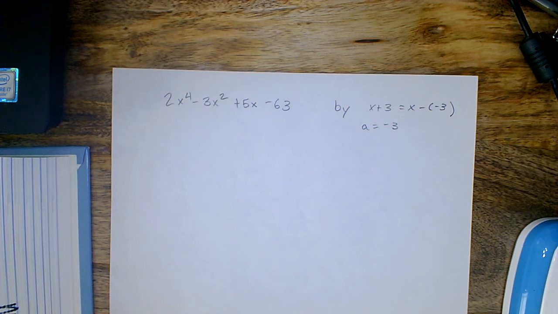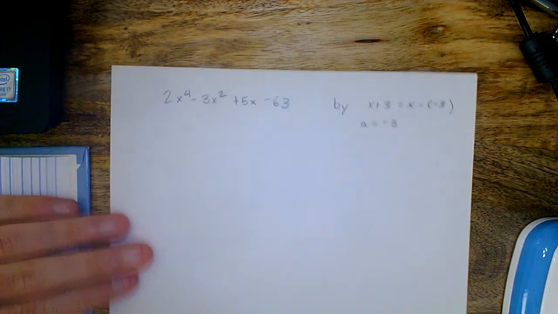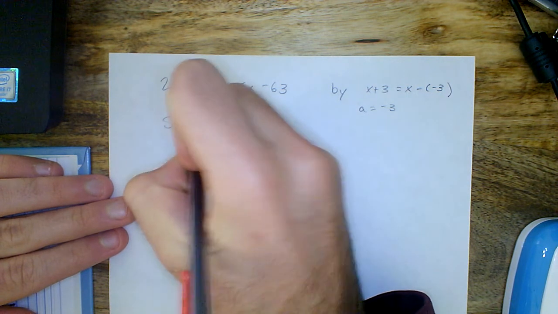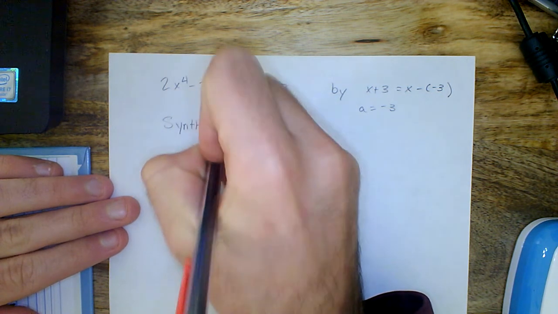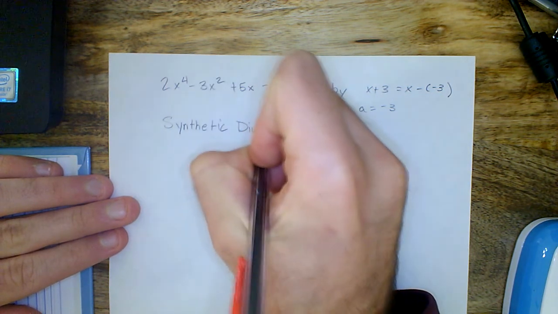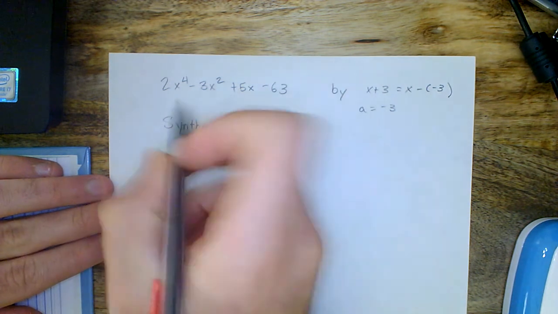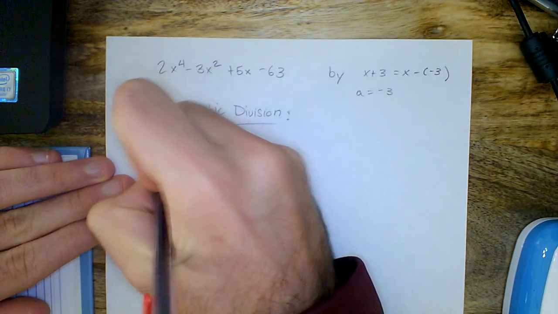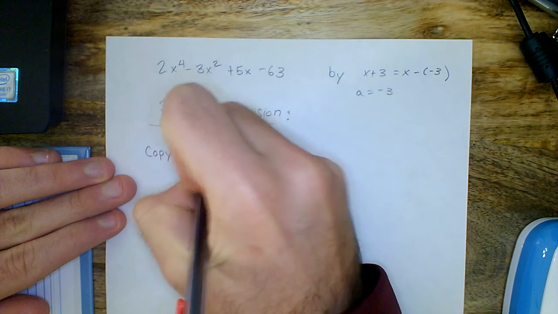The way that synthetic division works is you copy down the coefficients.